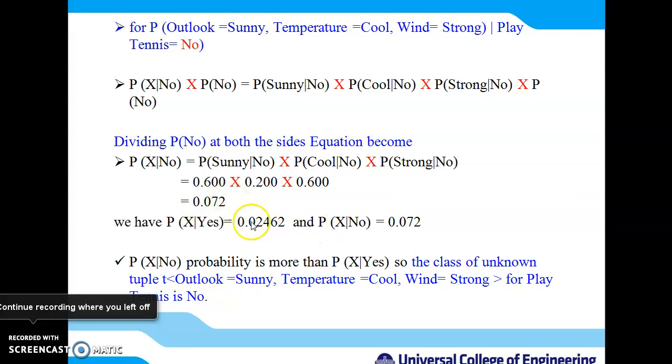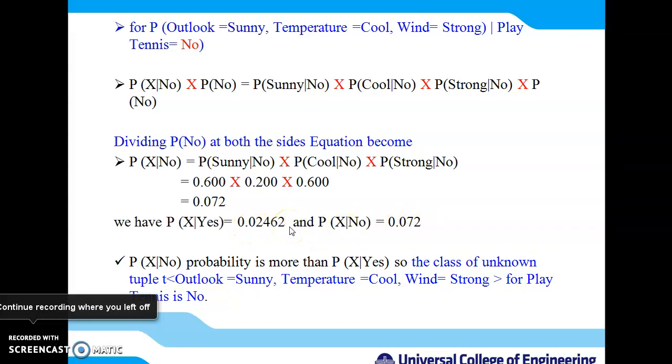So now we have two values. To support the decision yes, we should play tennis, for this unseen tuple we have a probability of 0.02462, and for the decision no, we should not play tennis, we have a value of 0.072. Which value is larger here? Compare these two values. It is very clear that 0.072 is larger than 0.024.